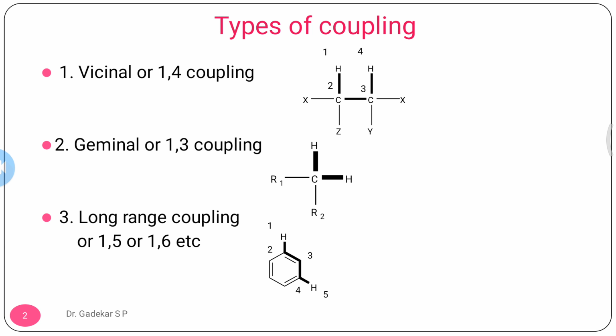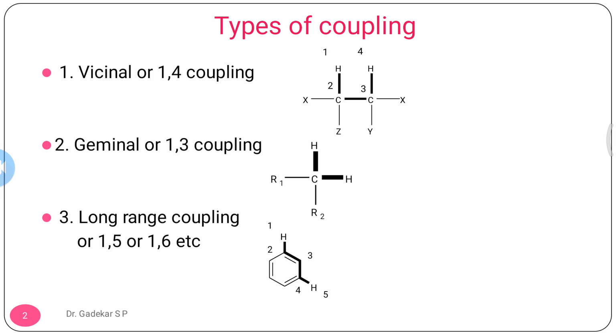They must be in different chemical environments. In geminal coupling, these two hydrogens are not chemically equivalent. With different chemical environments, they split into different types. Otherwise the same signals are produced, so if chemically equivalent, they do not split.